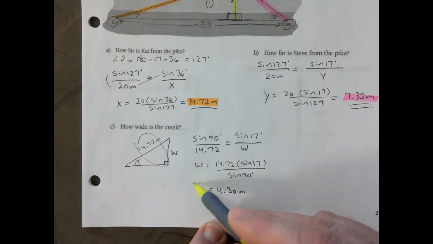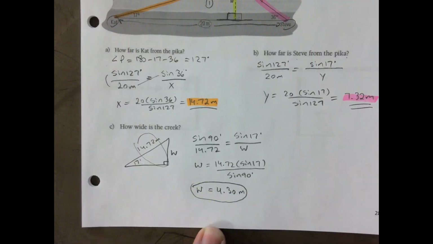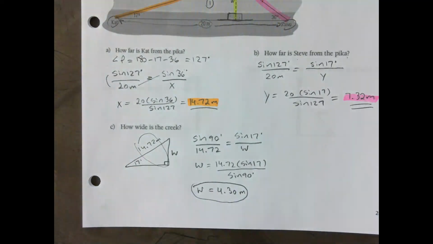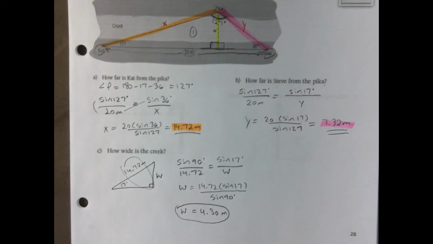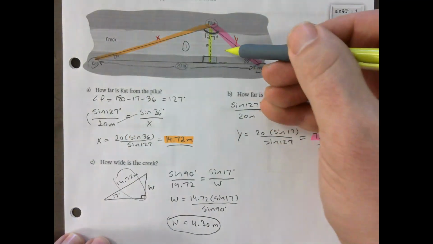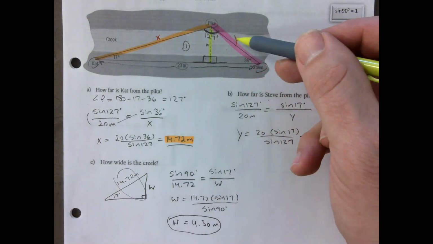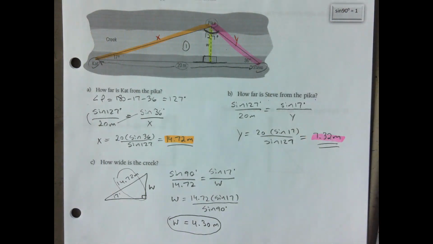That's how wide the creek is, which is technically the height of our triangle. You should get the same answer if you approach it from this other triangle, correct? Like if you were to come from this triangle and use this side, you should get the same answer. If not, we did something wrong.